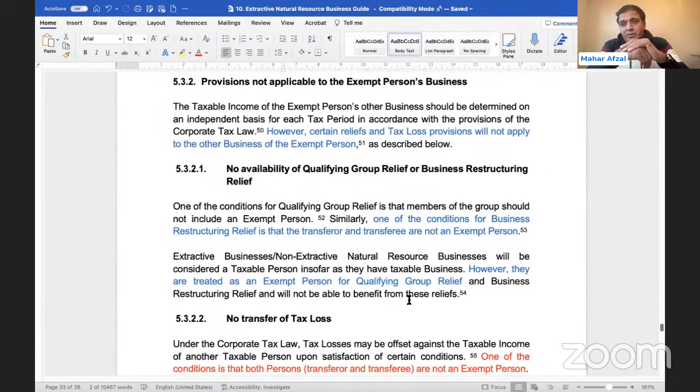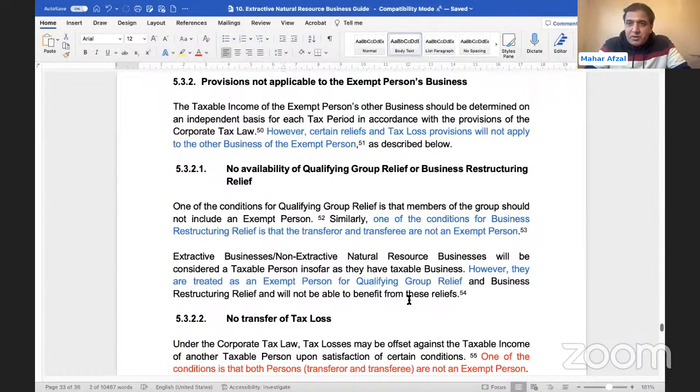Basically, there are two categories: the extractive and non-extractive natural resource business, and the second category is other business. If you are doing both of these, if you are a purely exempt business, you will not be able to enjoy qualifying group relief, business transfer relief, or exempt person status, and you will not be a qualifying free zone person. If you are doing both activities, you still will not be able to, except for one.